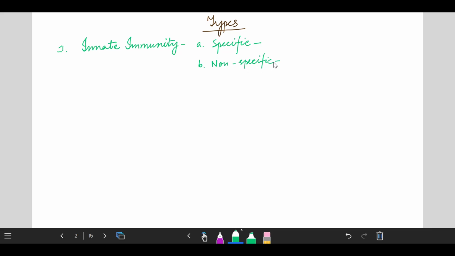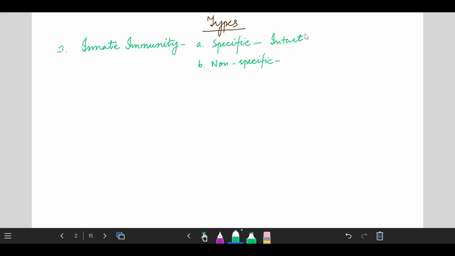Now what are specific? When skin or any kind of lysozymes, these kind of things are involved in destroying the pathogens or by decreasing the pH of the stomach. These kind of things are involved for destroying the pathogen. These come under specific kind of innate immunity.